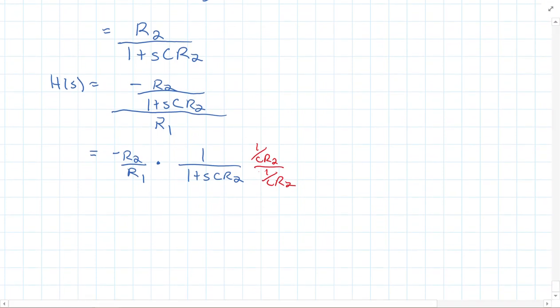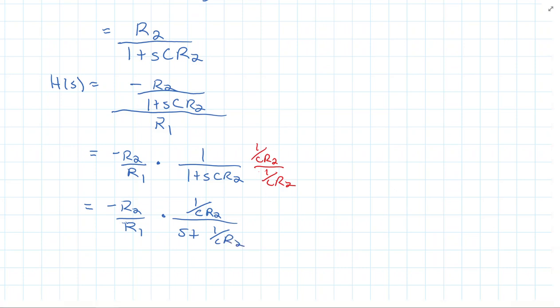I wind up getting, for my transfer function, minus R2 over R1 times 1 over CR2 over S plus 1 over CR2.